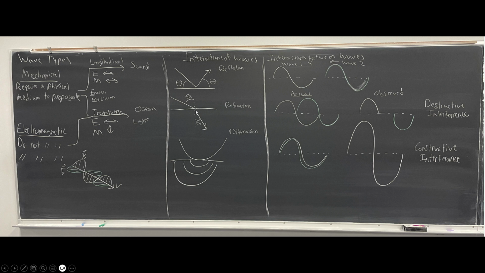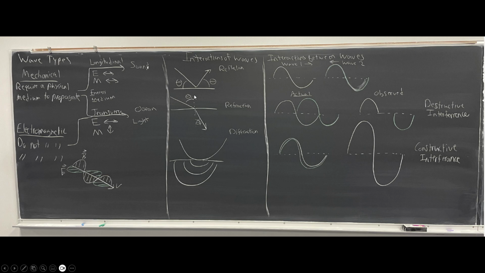In this case, what we care about is our angle of incidence, theta I, and our angle of refraction, theta r. And whatever our boundary is, we want the perpendicular axis to that boundary.